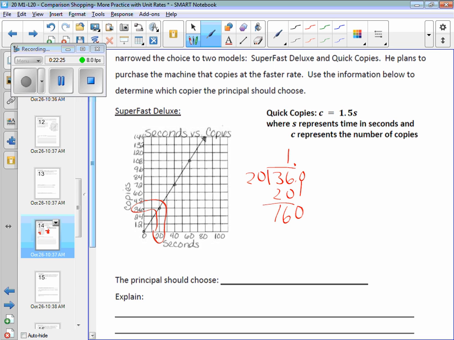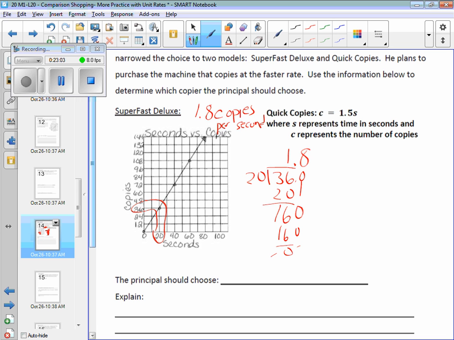Yep, it goes exactly 8 times. So the Super Fast Deluxe is telling us that it's going to do 1.8 copies per second. Now, what's that in reality? Every second that thing is running, it's almost able to do 2 copies per second, a little bit less, 1.8.